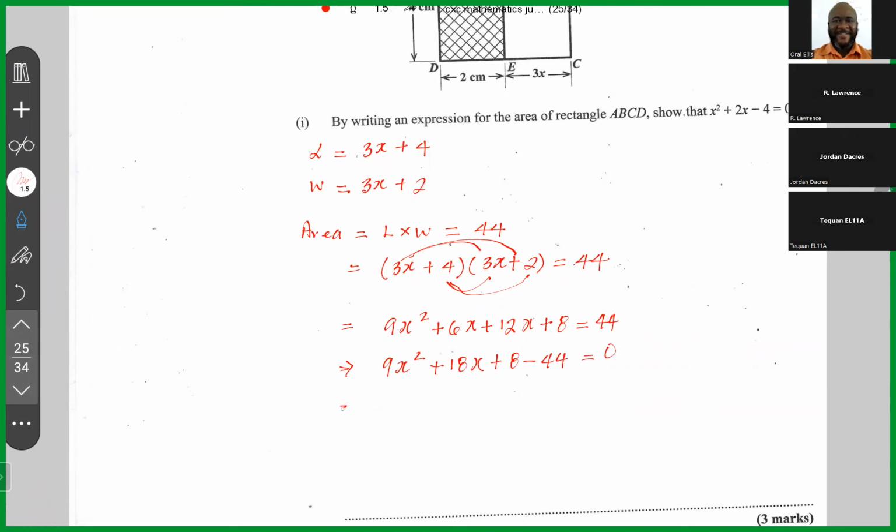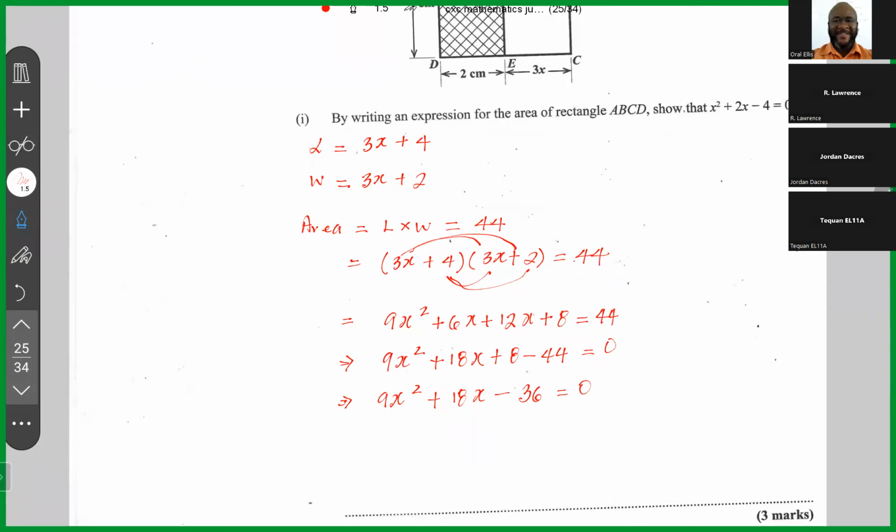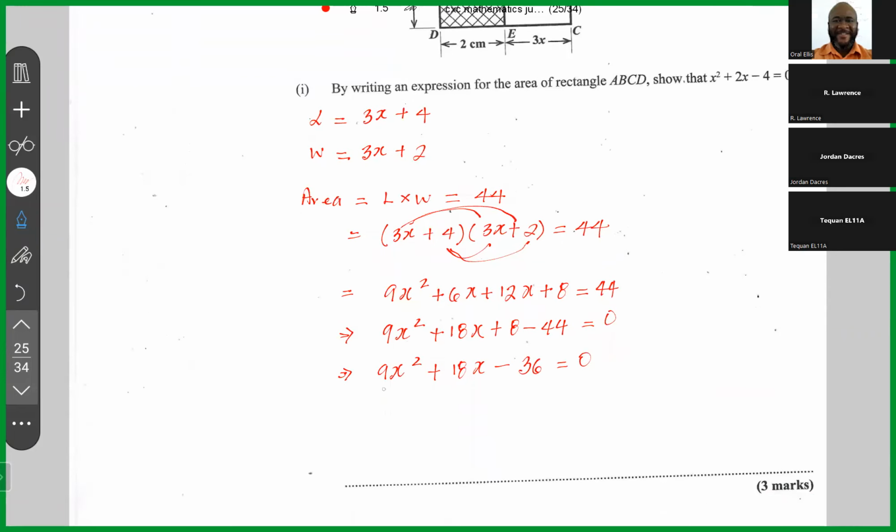Therefore, 9x squared plus 18x minus 36 is equal to 0. We can simplify further. I've noticed that I can divide the entire equation by 9. So I'm going to divide the entire equation by 9. And when I do, I'm going to end up with x squared plus 2x minus 4 is equal to 0.